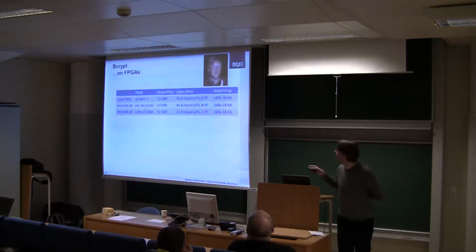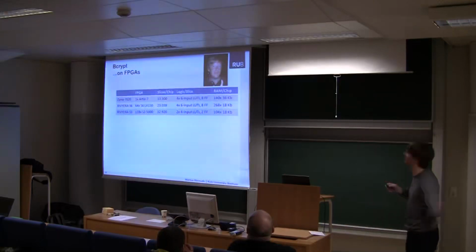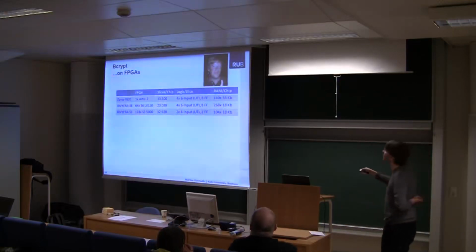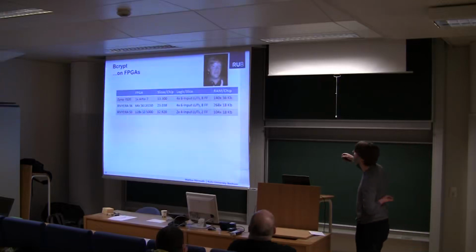So yesterday's talk implemented bcrypt on something like that in the first line. Is that correct? Where are you? Here. Yeah, it's the right one. Good, wonderful. The old model of the Riviera uses FPGAs from the 3rd line, and the new model uses those from the 2nd line.